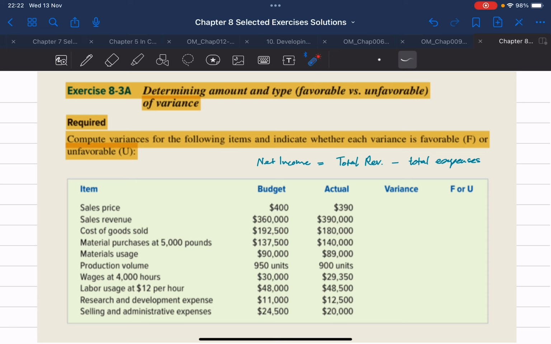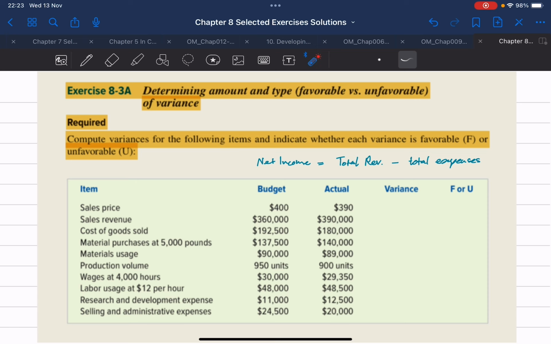And if the actual cost is less than the budget, then that would do the opposite. That would reduce our costs from what we had planned, and as a result, increase our margins and increase our net income. So that would be a favorable change, okay?